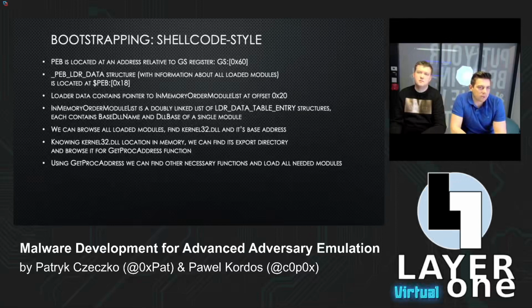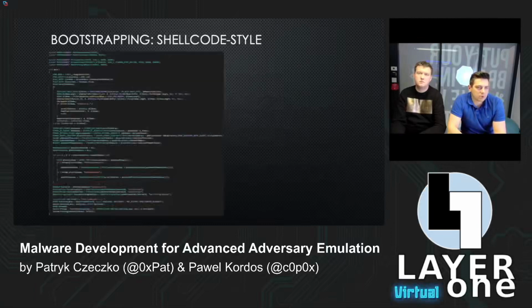So we could find those two or three functions to load external libraries and locate specific functions. After dynamically finding the address of those functions, we could call them with arguments and load whatever we would need. So using this shellcode-like technique, we would have an empty import table, and everything would be found dynamically during the execution.